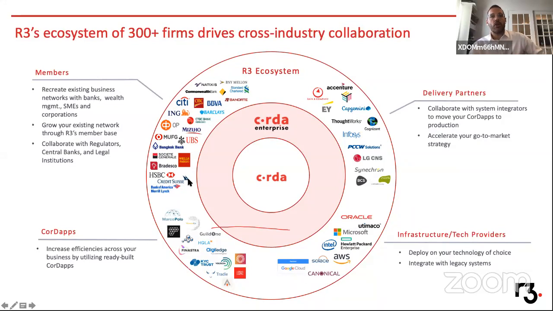We have our members, all of the different people that we would call clients or end users. Delivery partners are people that are building on top of Corda, and in many ways also building applications specifically for this group. Then infrastructure technology partners: cloud, hosting, and Oracle, not Oracle the company, but Oracle as in injecting third-party data into the ledger. And then Corda app providers.